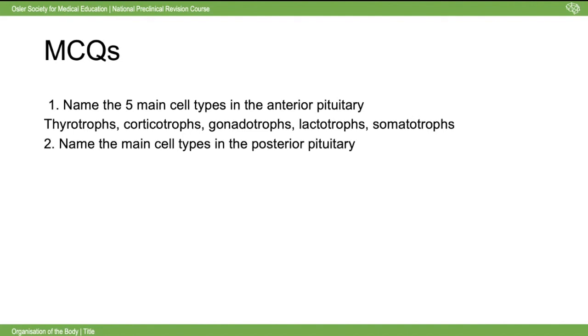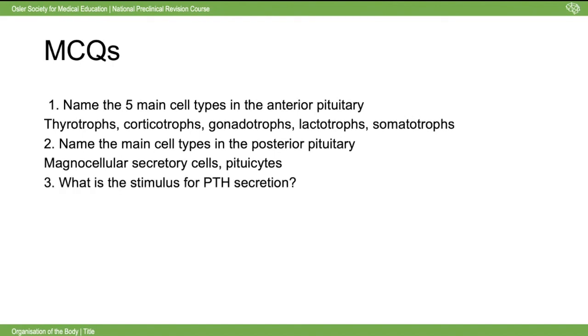Next question. Name the main cell types in the posterior pituitary. Okay, and I hope no one forgot to mention pituicytes. So the answer was magnocellular secretory cells and pituicytes.